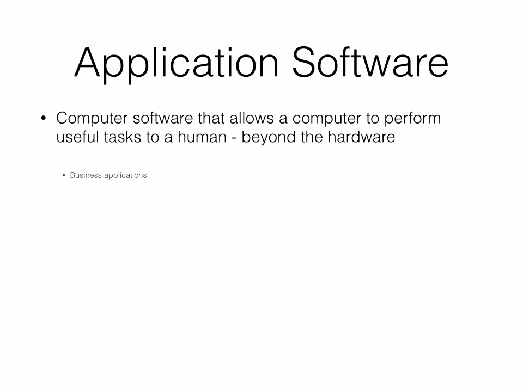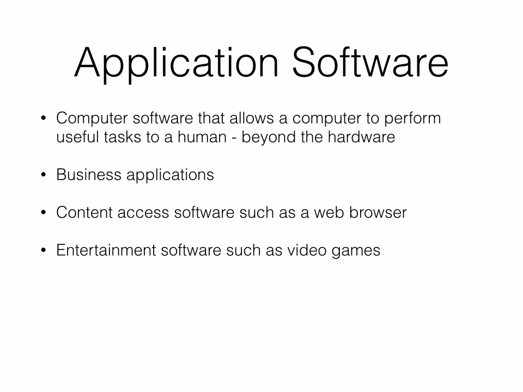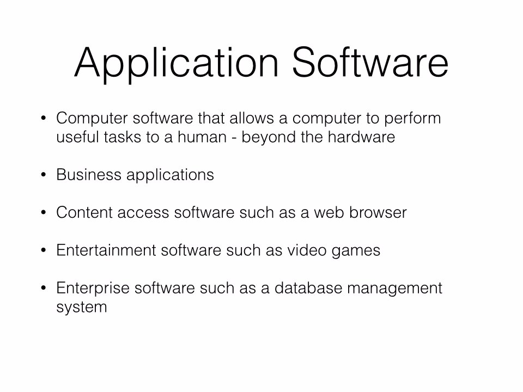And so many times, this has business applications, content access software such as a web browser, entertainment software such as video games, and enterprise software such as a database management system can also be considered application software. Another example I give is educational software.